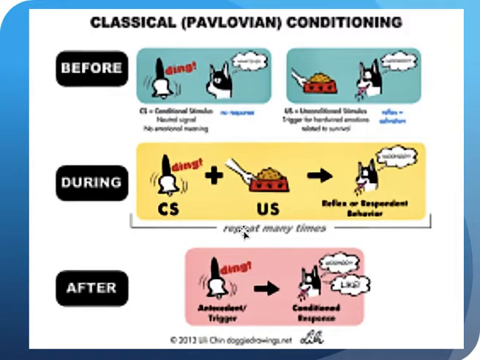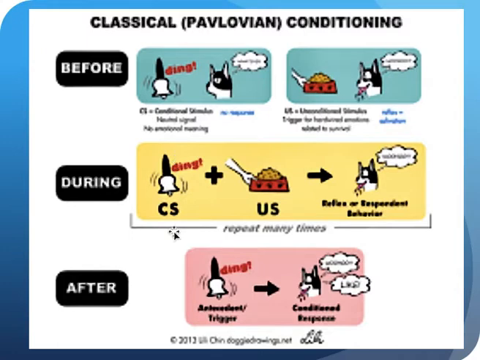So here is classical conditioning, or Pavlovian conditioning. And this little cartoon sums it up, right? You ring the bell and the dog doesn't really know what's happening. But if you give the dog some food, they're going to start to salivate, because saliva helps them break down their food. As soon as they see or smell food, they start to salivate because their body wants to start breaking it down.